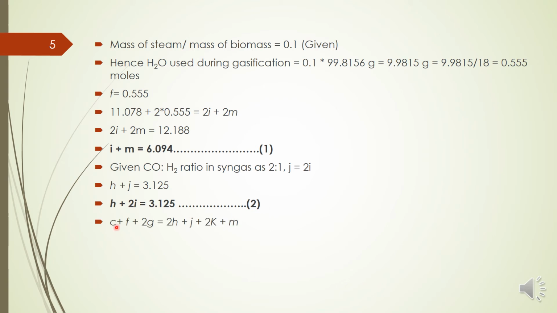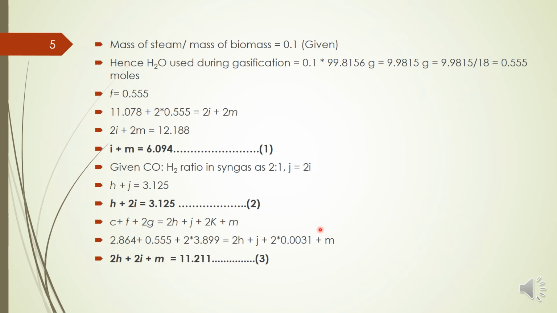Now we have one more equation like this, C plus F plus 2G is equal to 2H plus J plus 2K plus M. This was the balancing of oxygen. So in that we can substitute the F value, G value, K value, all these things we have known. So we can solve this further, and simplifying we can write 2H plus 2I plus M is 11.211.